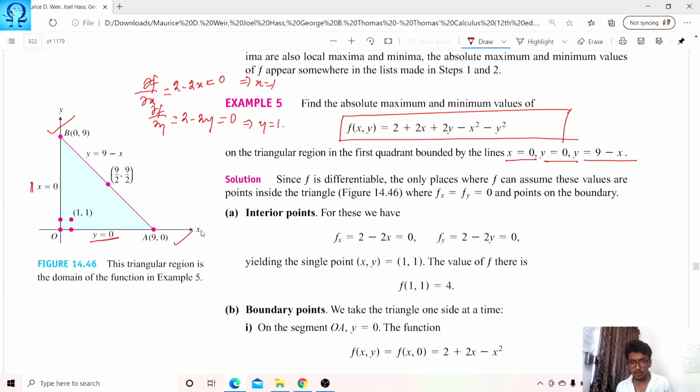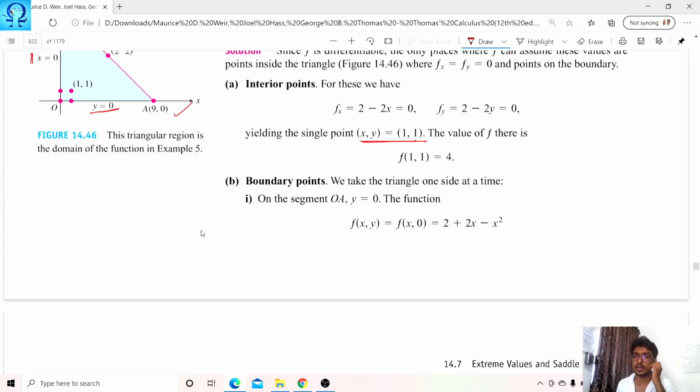So the point 1 comma 1 is the point that is contributed by the first derivative. Here I don't need to go for the second derivative test. If needed, of course we may go, to verify whether this is a local maxima or minimum. Here you just find this point 1 comma 1.